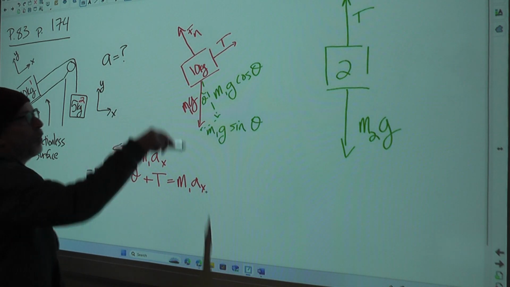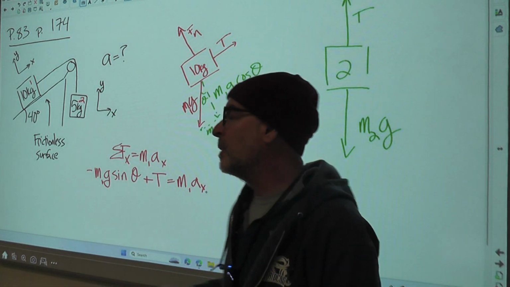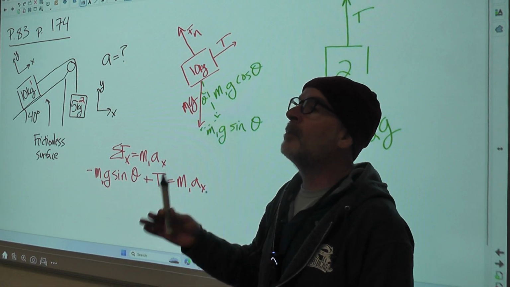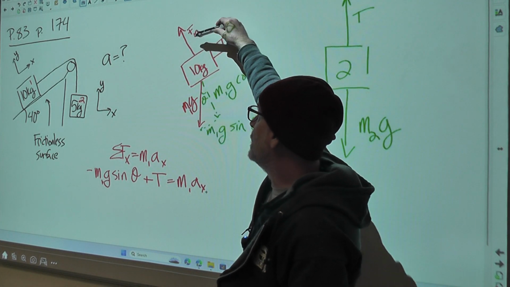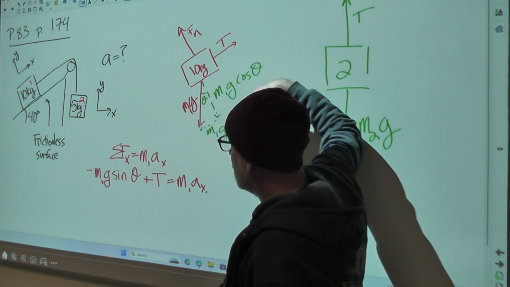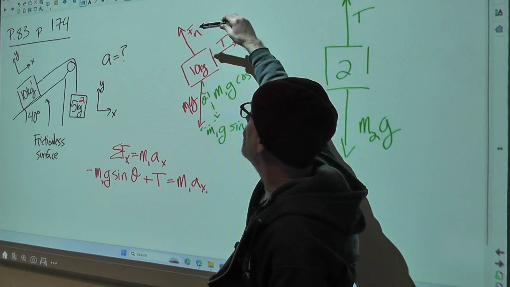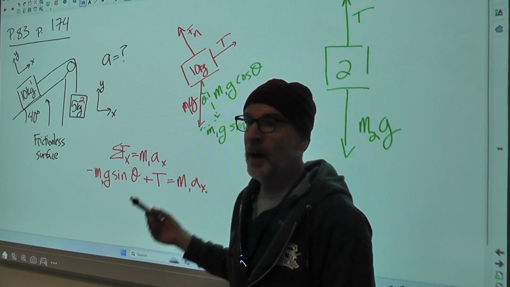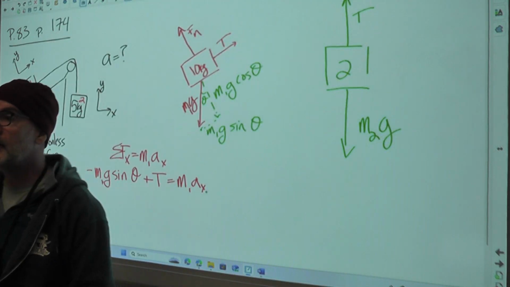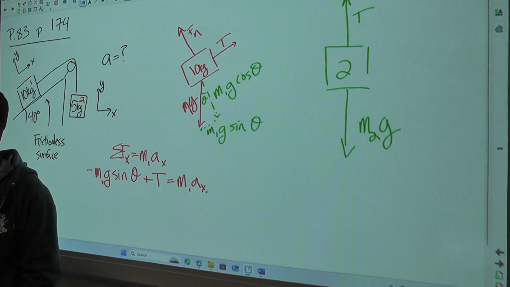If we look at our y dimension, I'm not going to write this out, not because it's incorrect, but because if you look at the y dimension, what you'll see is there is no acceleration in this perpendicular dimension, which means the normal force and the perpendicular component of the gravitational force have to be equal and opposite.